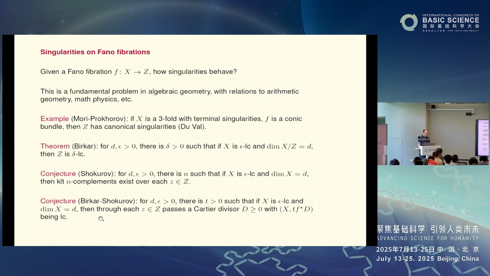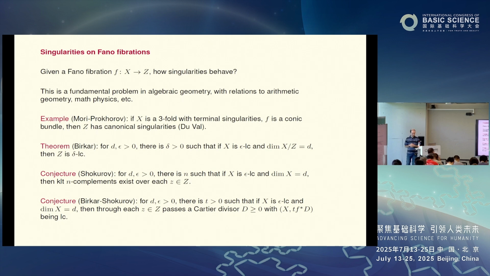Another problem related to this setting, again, is when you take a Fano fibration, and if you take the total space to be nice, like epsilon-LC, then it's conjectured that on the base, you can always find a Cartier divisor. Cartier is the key point. A Cartier divisor, which is effective, and so that if you pull it back, the singularities still are not too bad.